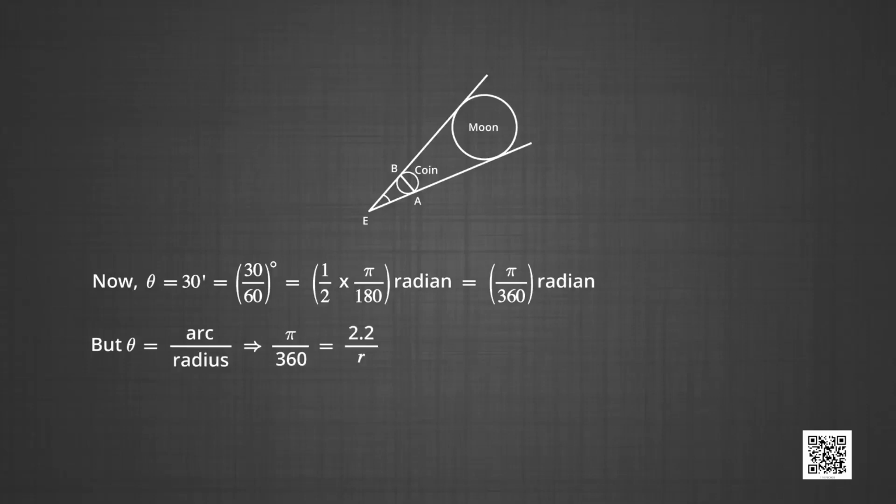Theta is arc upon radius, therefore, pi upon 360 is equal to 2.2 divided by r. So, r is equal to 2.2 into 360 into 7 divided by 22, which is 252 centimeters.